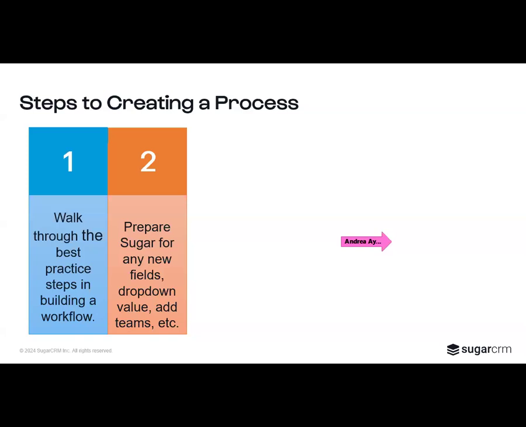Maybe you need a specific team to handle a particular step in the workflow. Or you just need to add a drop-down value that's not there right now. So you're going to have to go into Studio, drop-down editor, layouts in Studio, fields in Studio, wherever it may be, to add that additional data in.